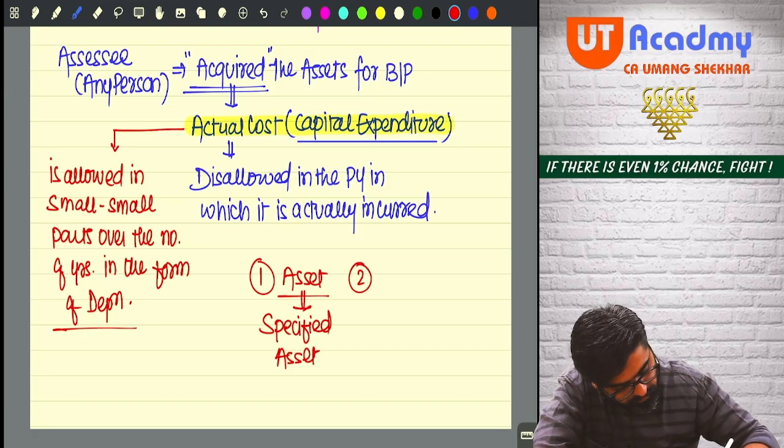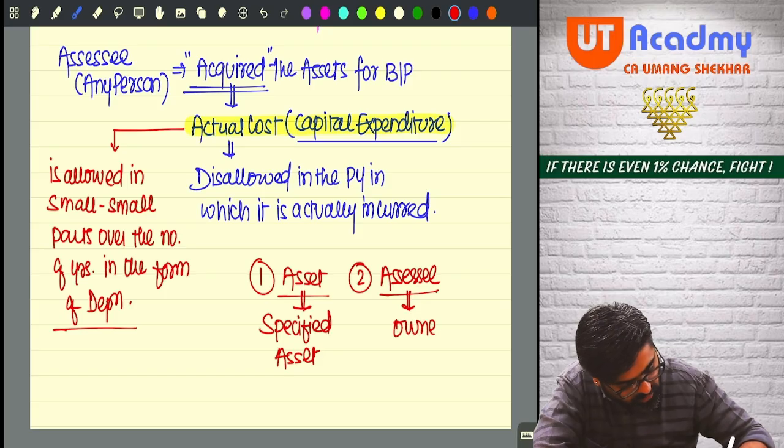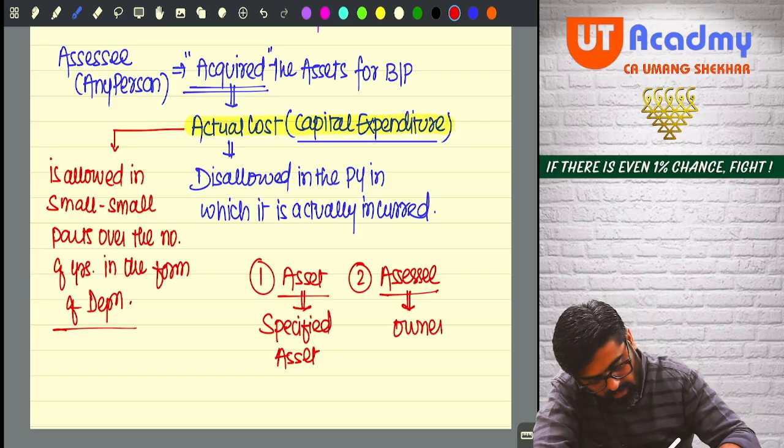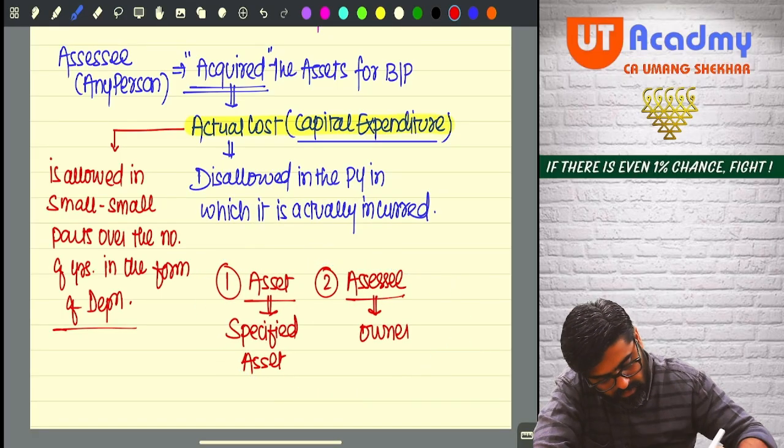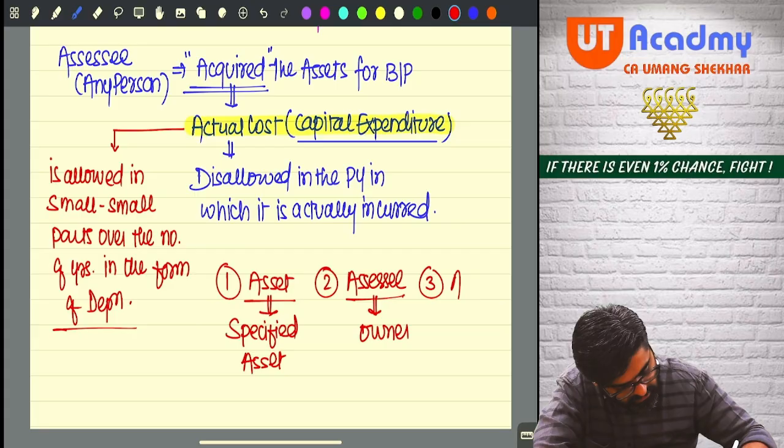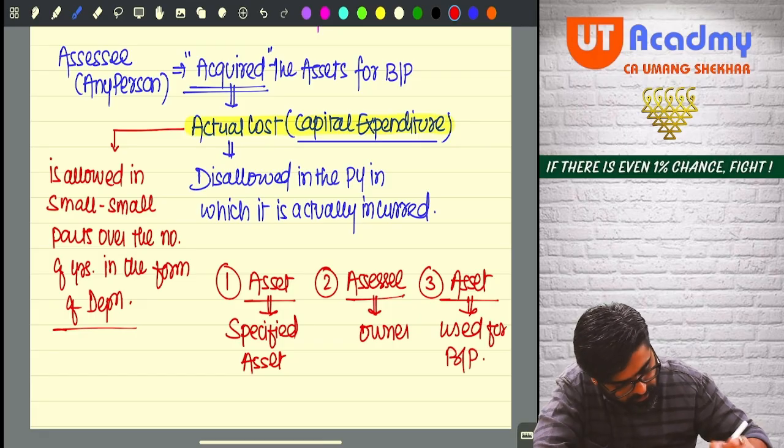Number two, the assessee must be the owner of that asset. And number three, that asset must be used for business or profession of the assessee.